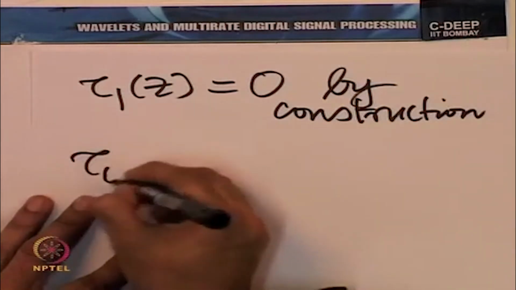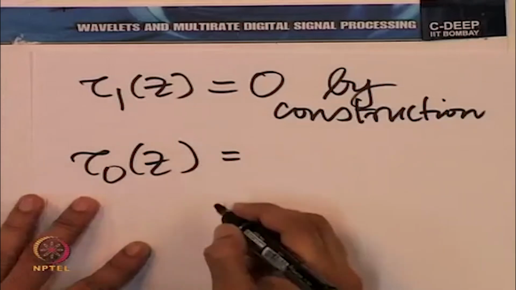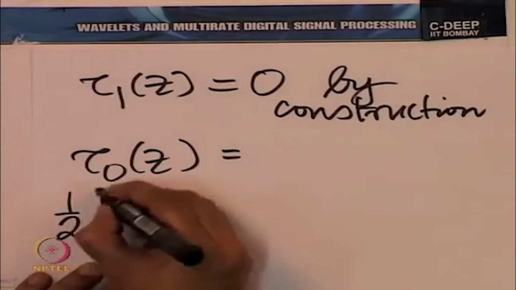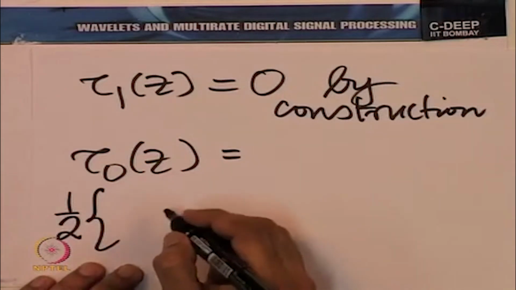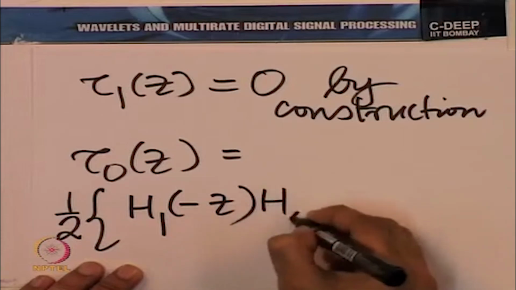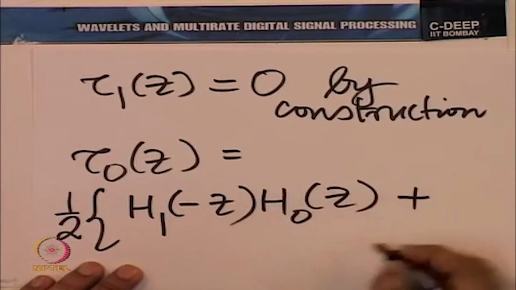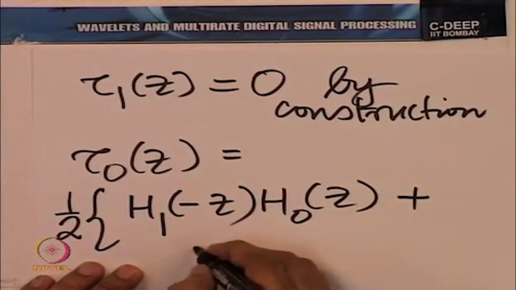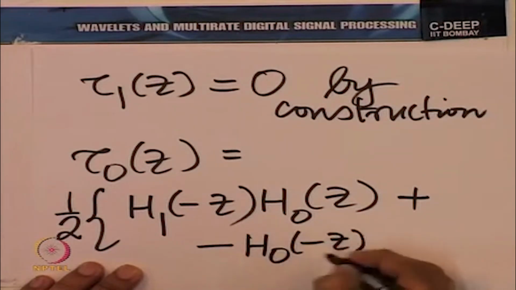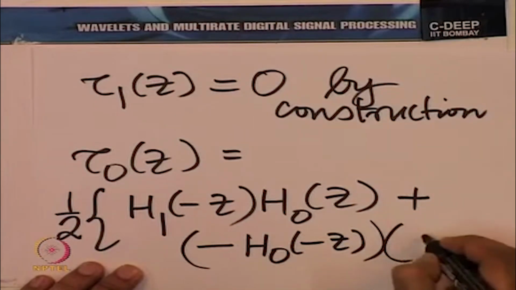But tau 0 z takes the following form then. Tau 0 z takes the form half G 0 z, which is essentially H 1 minus z times H 0 z plus minus H 0 minus z times H 1 z.